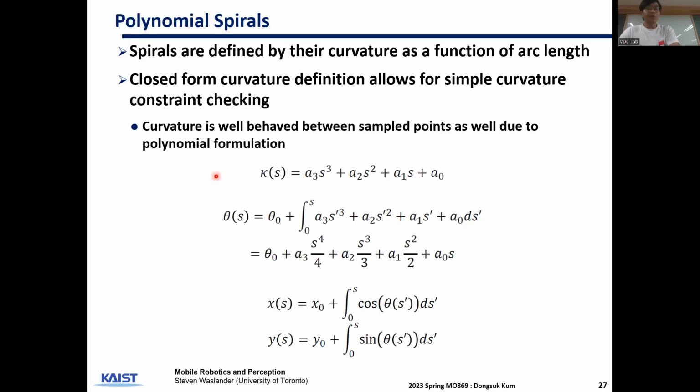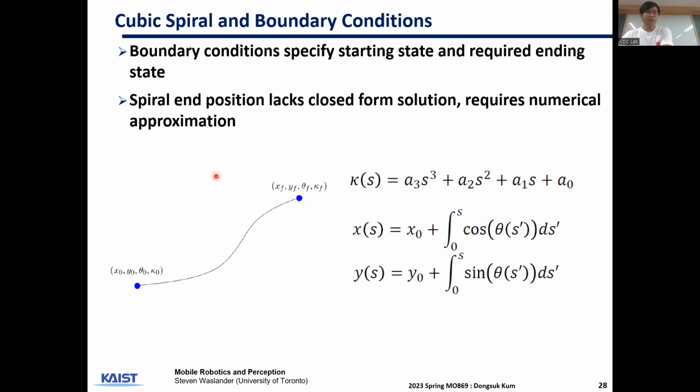So curvature is well behaved between sample points as well due to the polynomial formulation. For cubic spirals, boundary conditions specify the starting state and required ending state. And the spiral end position lacks any closed form solution and requires numerical approximation.